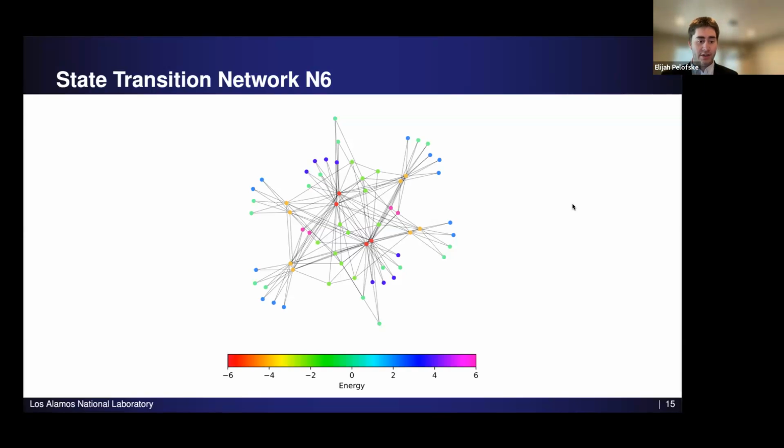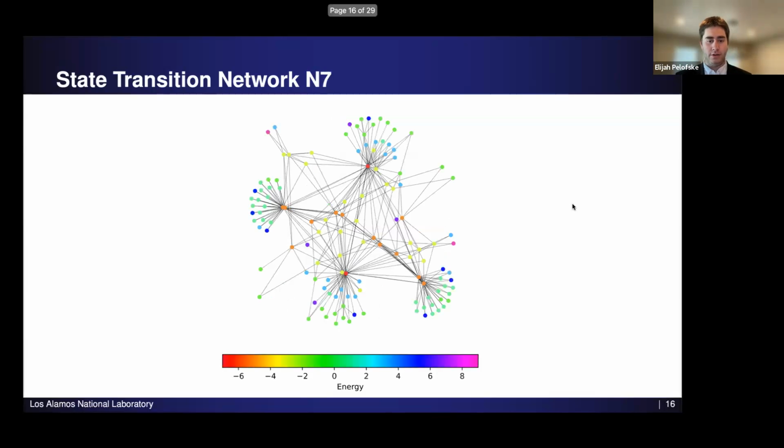The red nodes here are ground states, and all other nodes are not ground states. And you can see very clearly that there are interesting patterns. Like some states you have to transition into in order to reach a ground state. There are clear intermediate state paths that are happening in the quantum annealer.